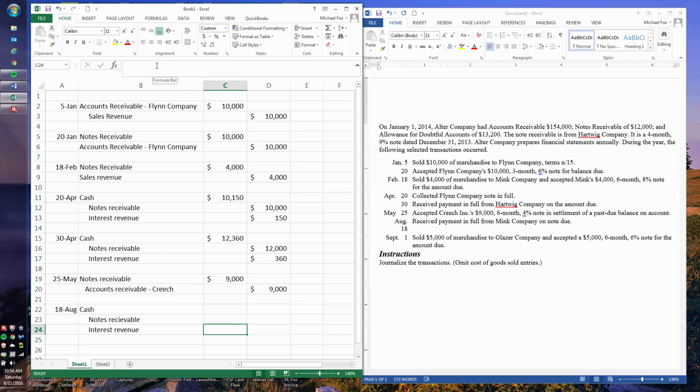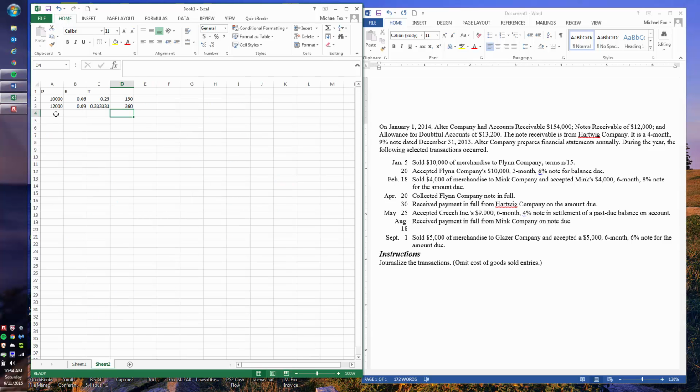Again, I find it easiest to record the notes receivable first. That's $4,000. Second, to figure out the amount of interest that they owe using principal times rate times time. $4,000 in principal. Interest rate was 8%. And time, excuse me, time is 6 months.